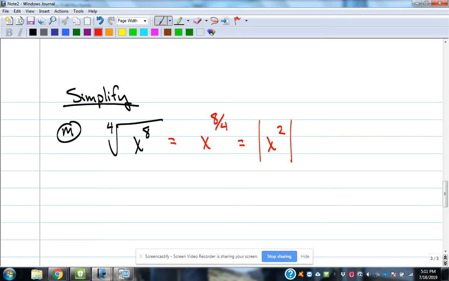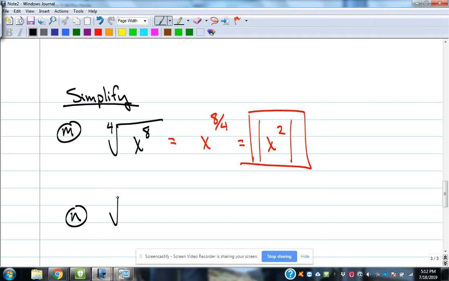With even indexes, we can't have negative numbers in there, so we need to guarantee that that's going to be a positive number. What guarantees positive answers? Absolute values guarantee positive answers. So that's where that's going to come in. We're always going to have absolute value marks on that if it's an even index and it simplifies out nice like that.